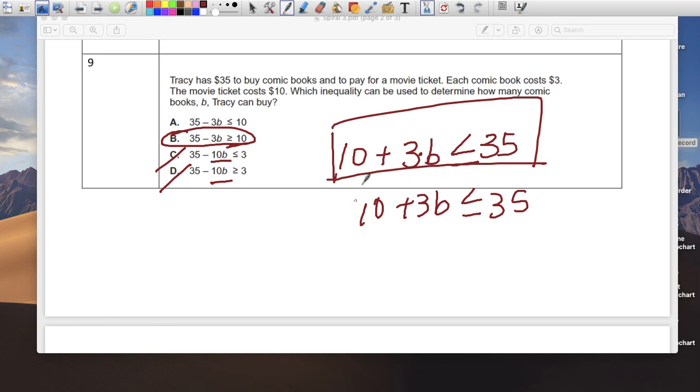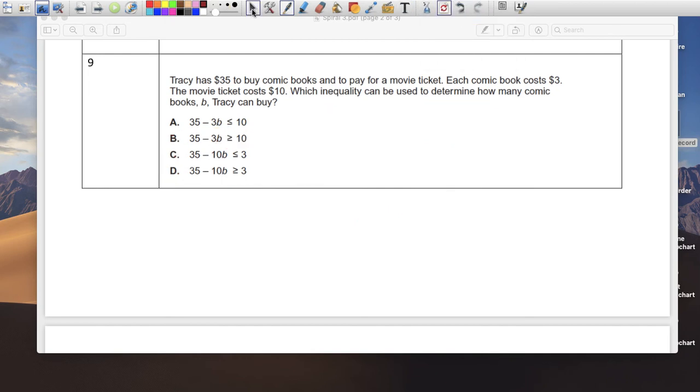Each comic book is 3b, plus 10. All the comic books plus the $10 that you spend on the movie ticket has to be less or equal to 35. That's right. No, the only one that makes sense is B. I'll leave that alone.